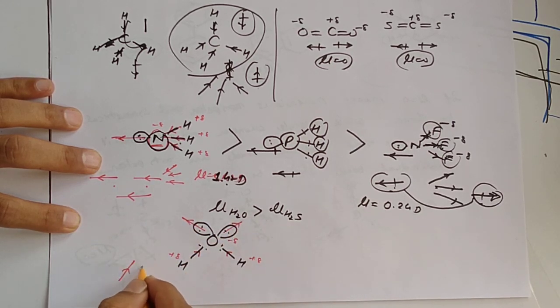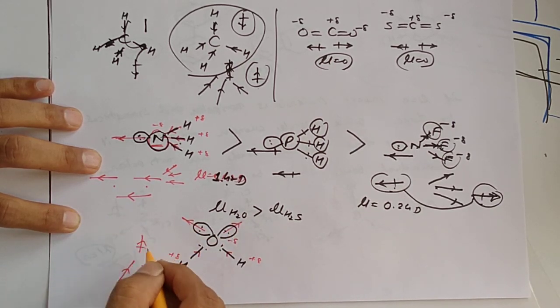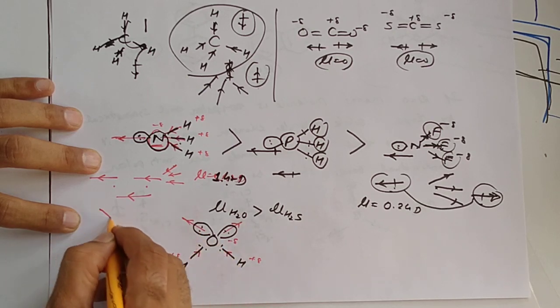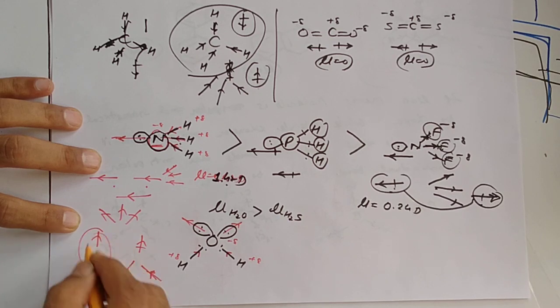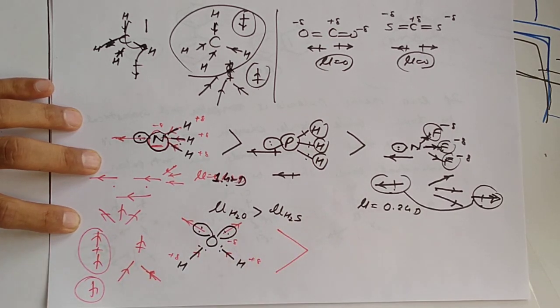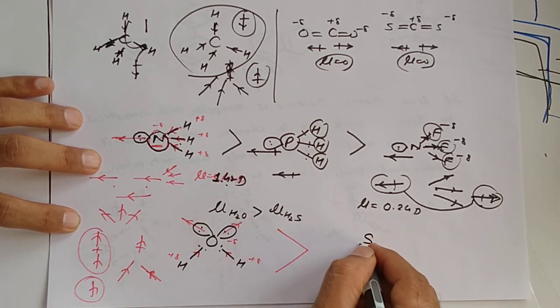These two centralize on oxygen, so the average like this, and these two average like this in the same direction upward. So positive gives more dipole moment.